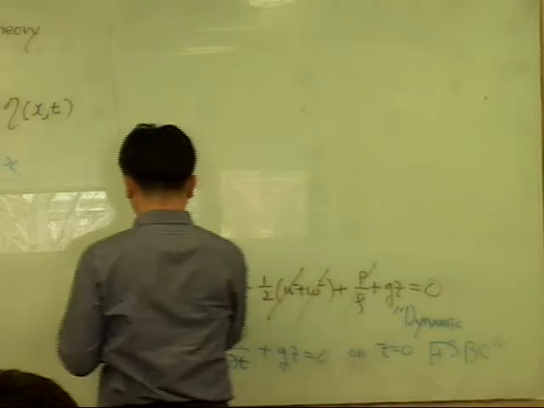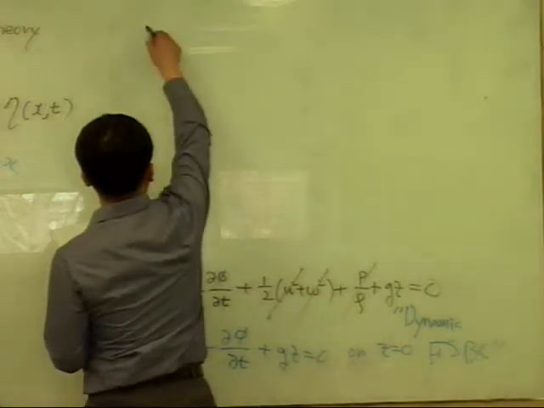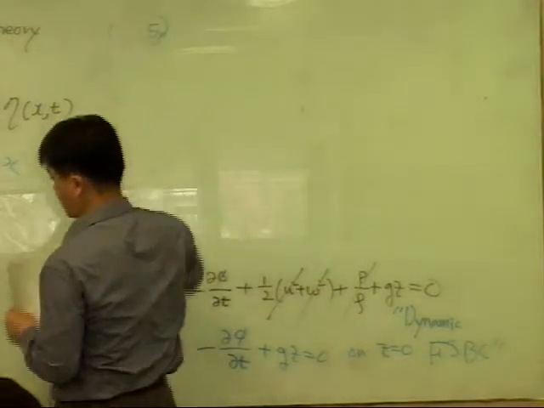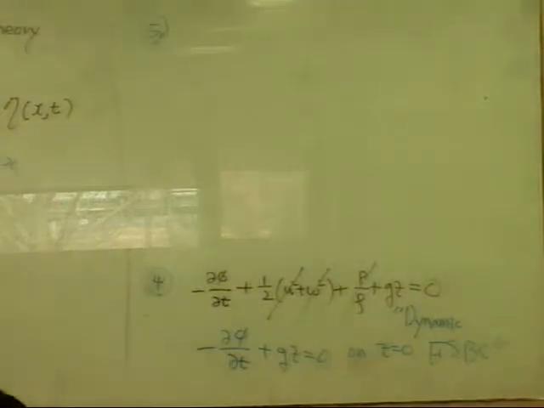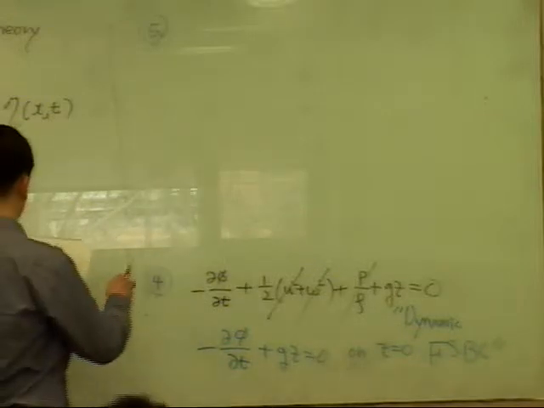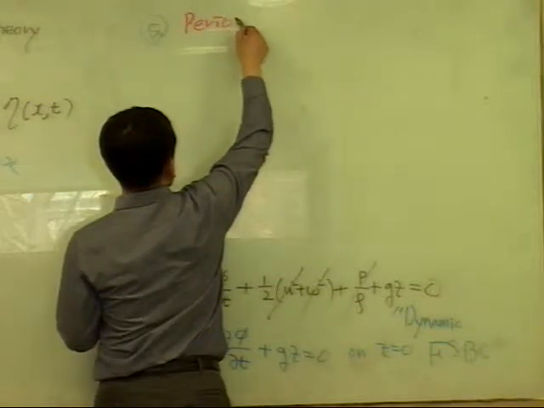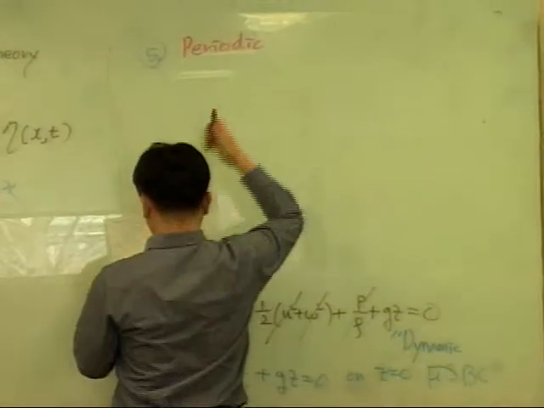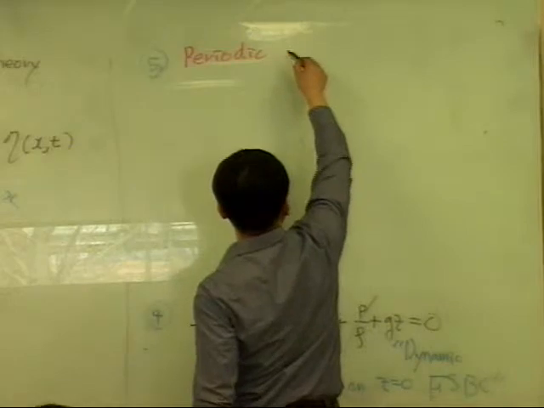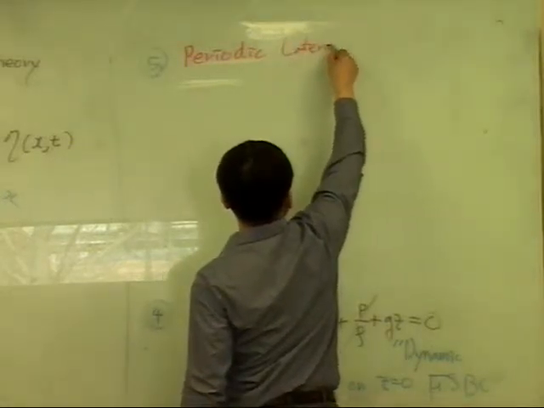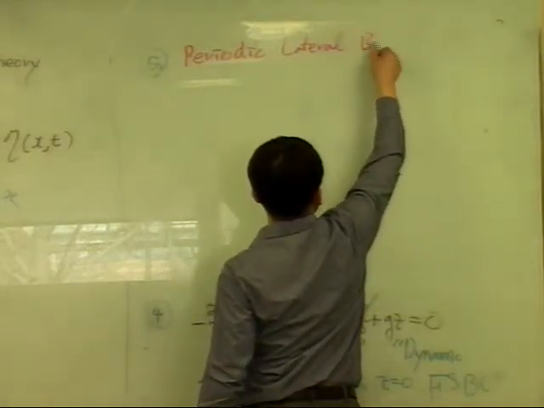This was 4, 5. Periodic lateral boundary condition.